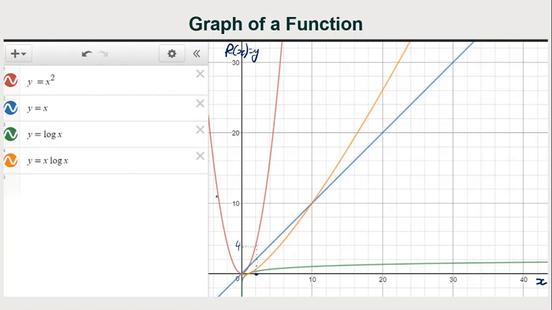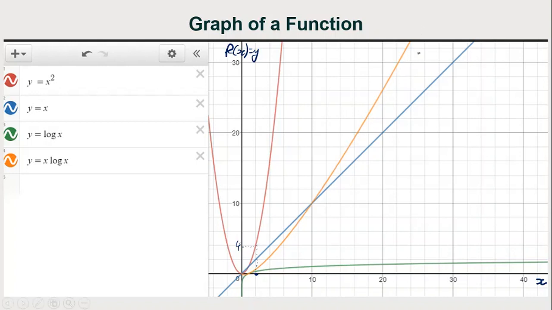We have also the linear function, which just goes straight like that, which is y equals x simply put, and then y is equal to logarithm of x, which is the nice green curve that doesn't increase that quickly, and finally you have y is equal to x log x, which is the orange one, which you can see starts off slower than the linear, but actually it outperforms it at that time.